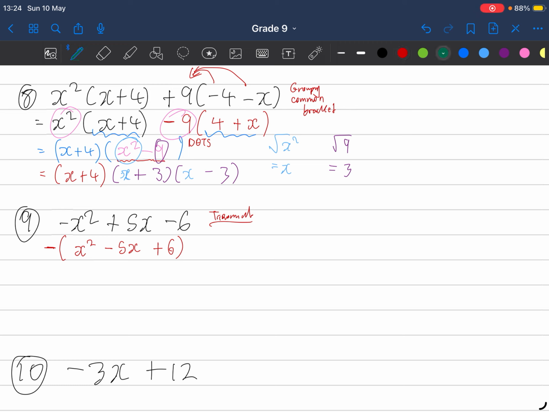We're now going to factorize this expression inside the bracket. Begin by taking our constants and finding the factor pairs. Take the factor pairs and try to find that middle term b. Alright, I believe we can get it from negative 2 and negative 3. Test, if I multiply these two, will they give me my constant? So negative 2 times negative 3 is positive 6.